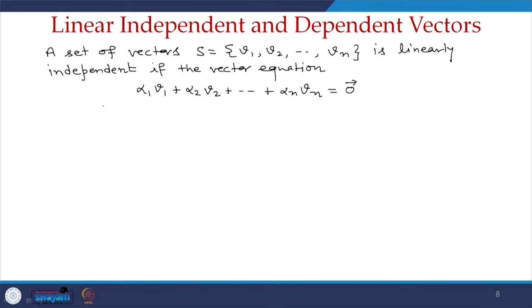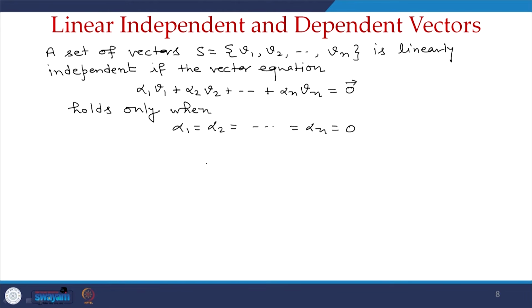So, if the vector equation alpha 1 v1 plus alpha 2 v2 and so on equals 0 holds only when alpha 1 equals alpha 2 equals alpha n equals 0, then they are linearly independent. That is, the equation holds only when these scalars alpha 1, alpha 2, alpha n are 0.